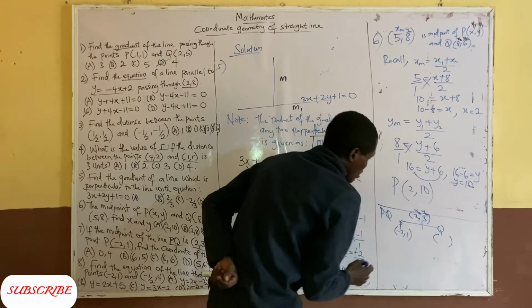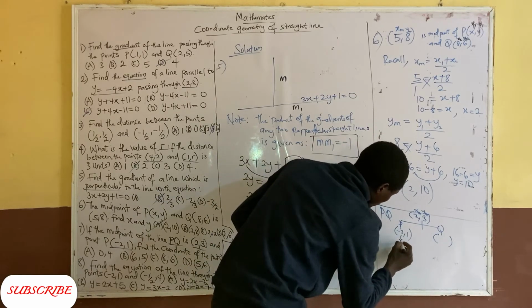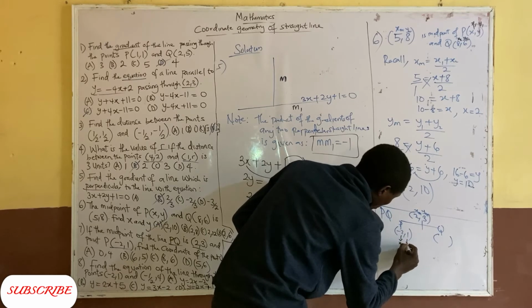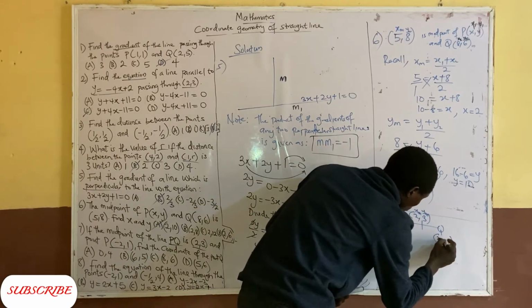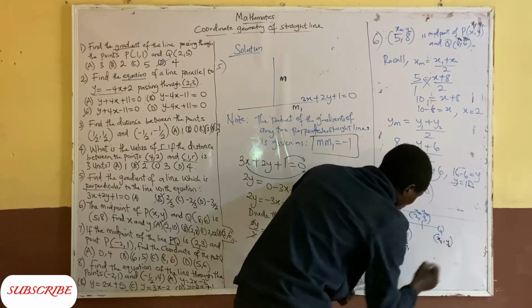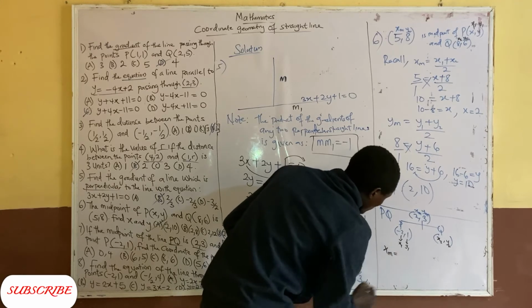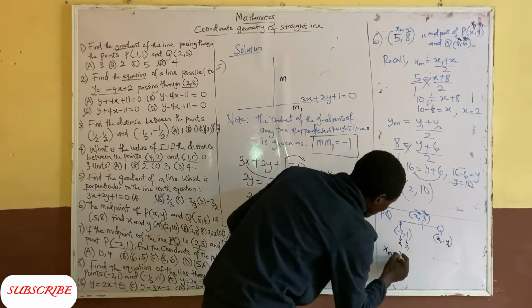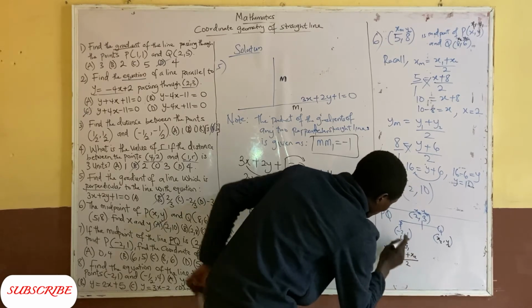So what we do now is label this one X1, Y1. This one will now be X2, Y2. So calculating this now, we have XM equal to X1 plus X2 divided by 2. Now look at this.